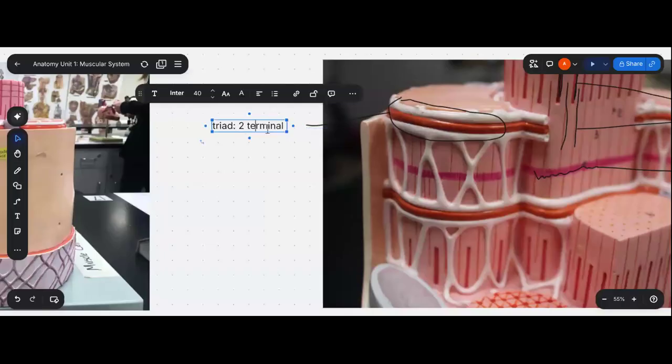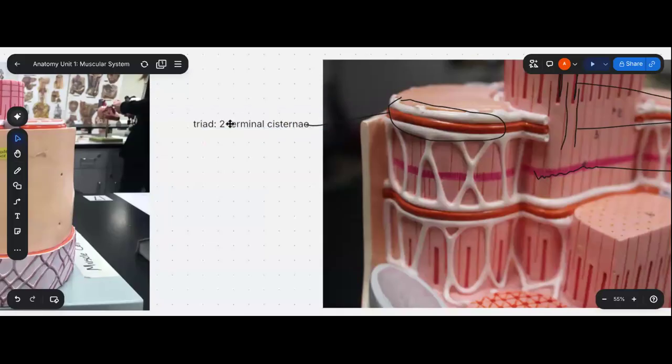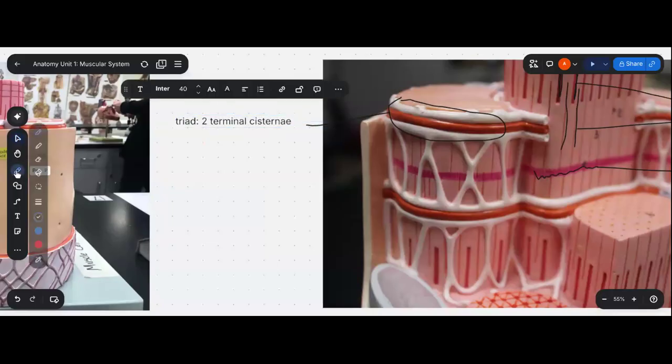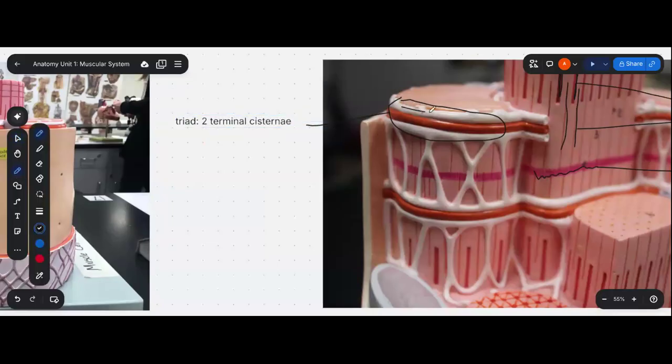I'm going to move it over here so it's easier to see. So again, two terminal cisternae. The terminal cisternae are the white lines. So this white line up at the top and then this white line at the bottom, that is your terminal cisternae.